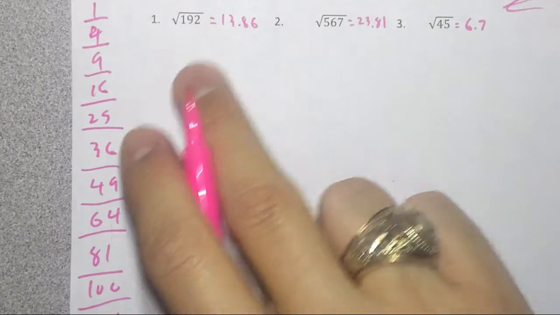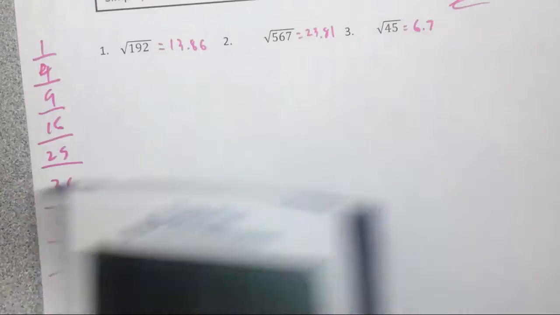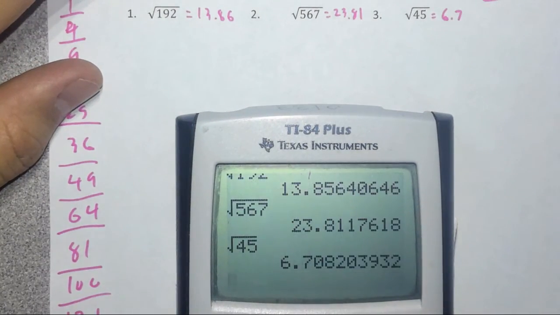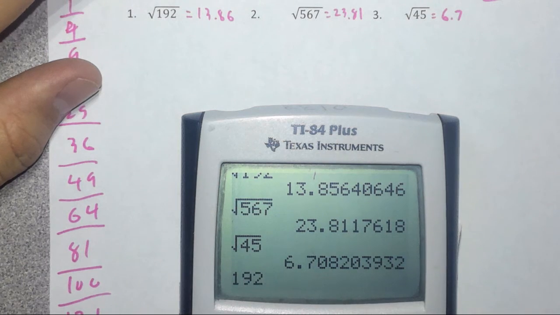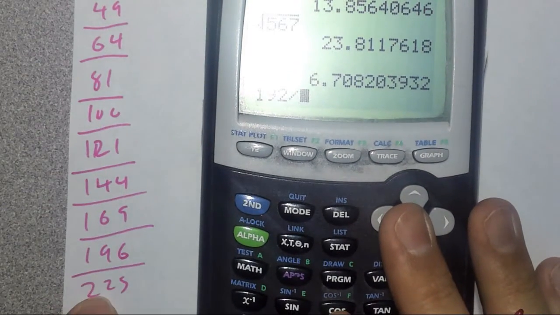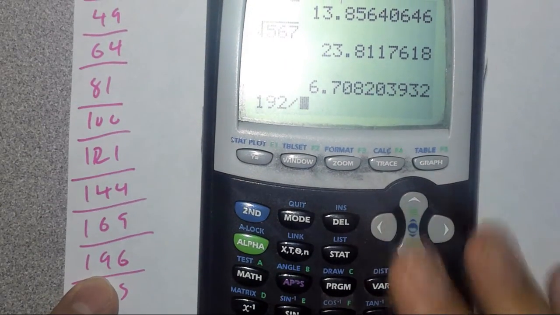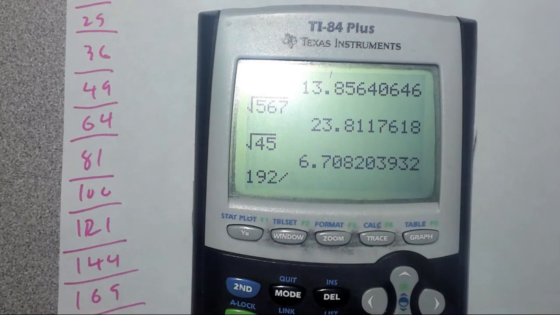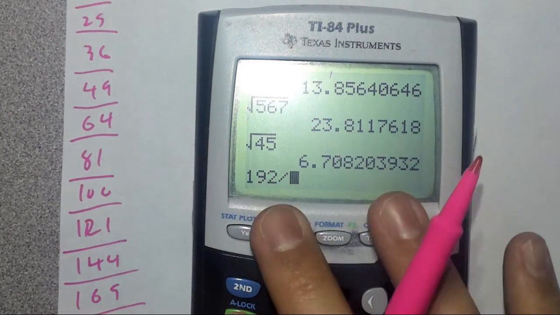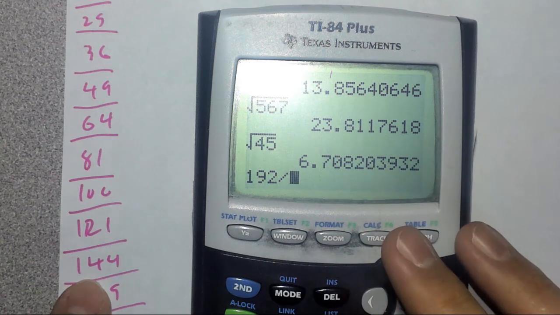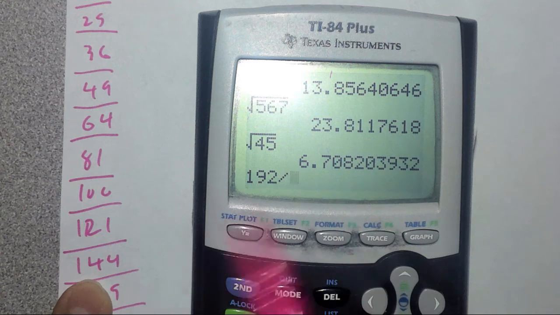So we're going to take this number, 192, and we're going to say 192 divided by all these. I can skip 225 and 196 because the number is smaller than that. So I can start at 169. Well, 192 divided by 169 doesn't work, it's going to be a fraction. 144 is not even half yet.